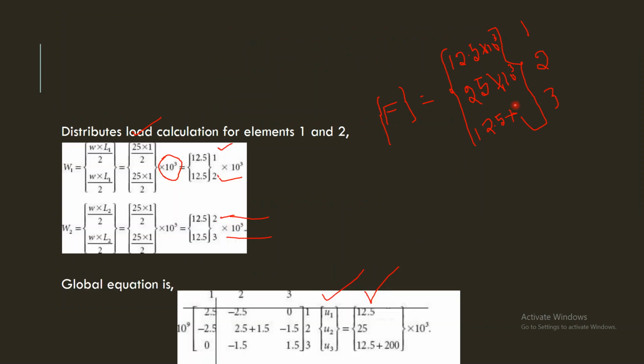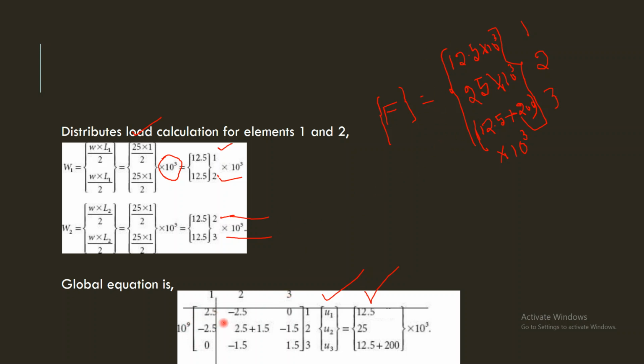So that should be 200 plus 12.5, whole multiplied by 10 raised to 3. Like this the global force vector will arise. The best thing about this is you have to look at the node numbers from each load diagram. So I got the global force vector also.